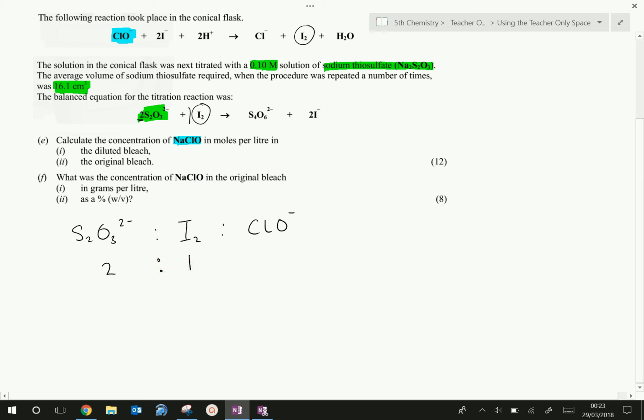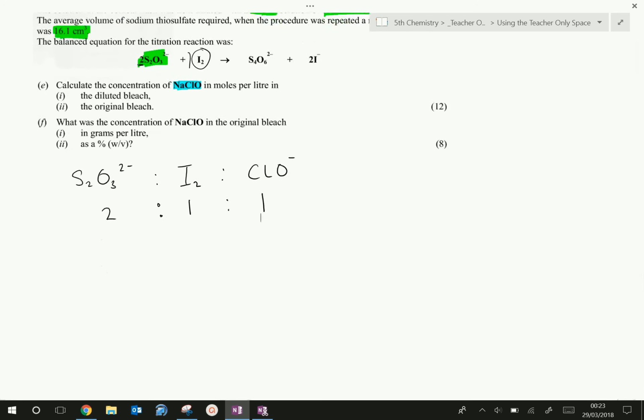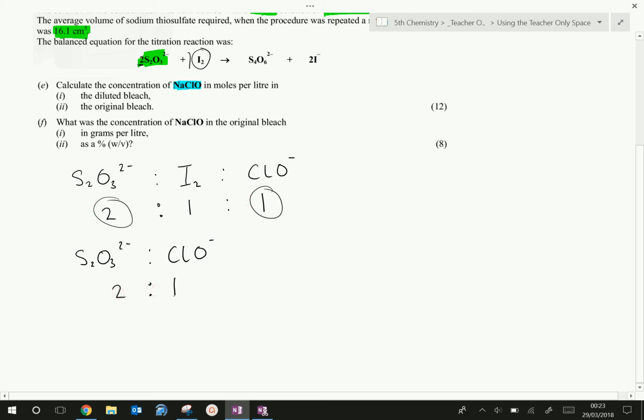And then if we look at the first equation, if I have 1 iodine, I must have 1 hypochlorite. So in reality, my ratio between thiosulfate and hypochlorite is just 2:1. And that's the ratio we're going to use further down in the question. That's what we're going to need. So we'll get on with the calculation now.